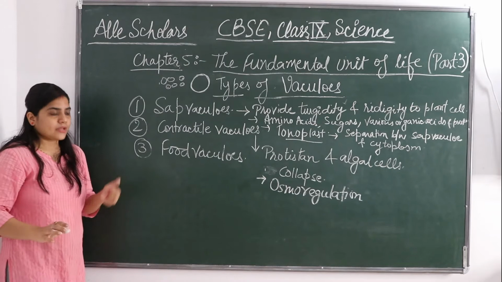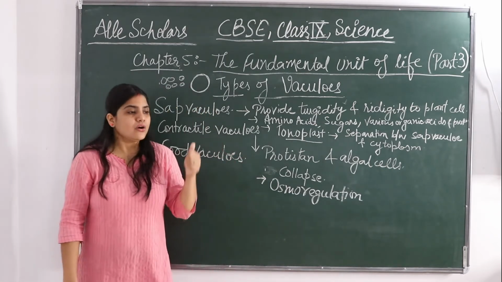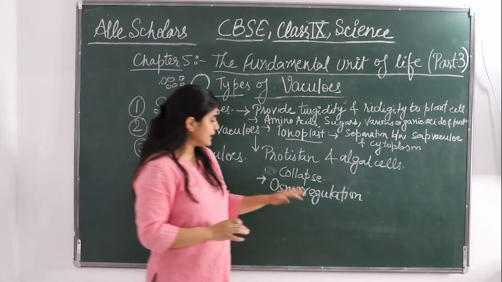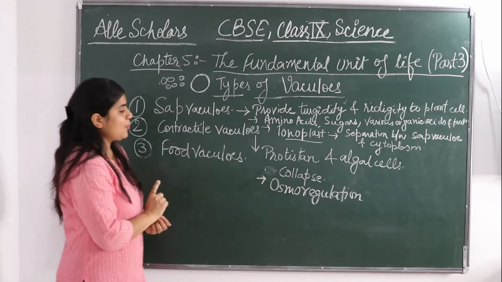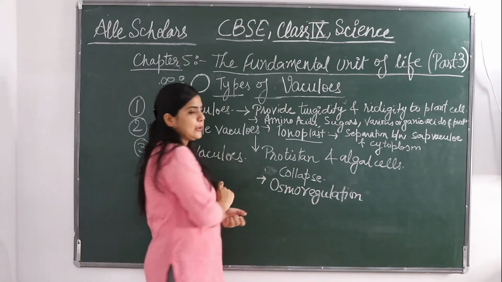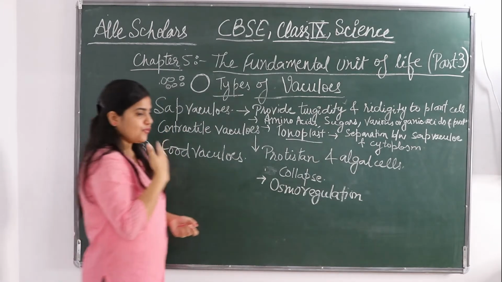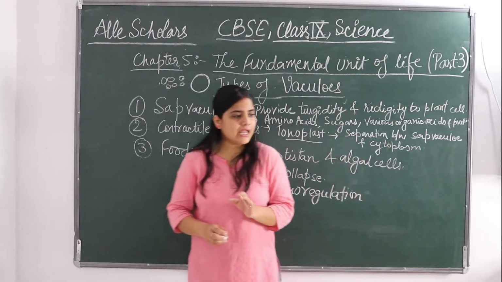Means कि वो जो भी water content है उसको maintain करने में वो help करता है. It helps in maintaining the water content of the cell. And also one important function of this contractile vacuole is that it expels the waste materials from the cell. They expel the waste material that is present in the cell.